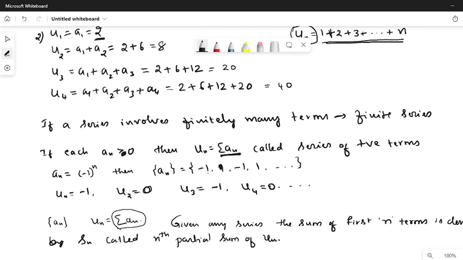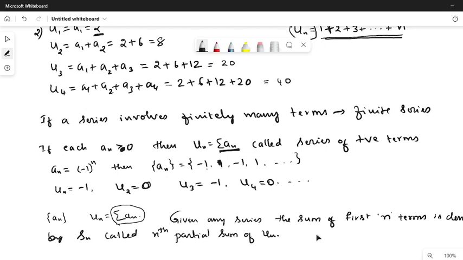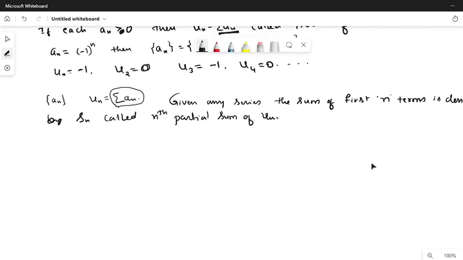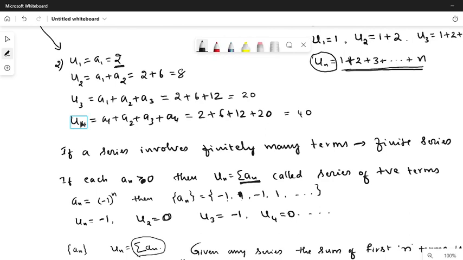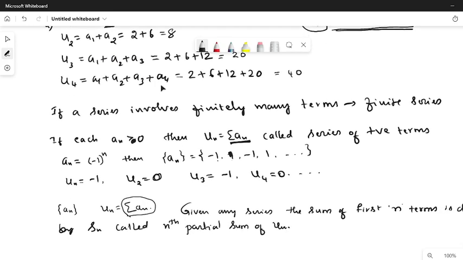You might get confused here. See, S_n is the sum of the first n terms, and here I got u2, the sum of the first two terms, u3, again the sum of the first three terms, similarly.